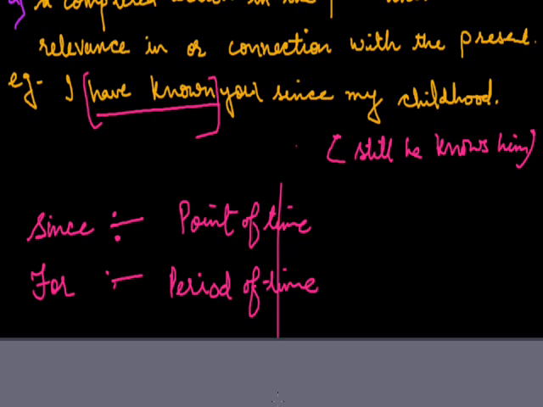Now, next use for present perfect tense is an indefinite action in the past where the exact time and other details are not given.